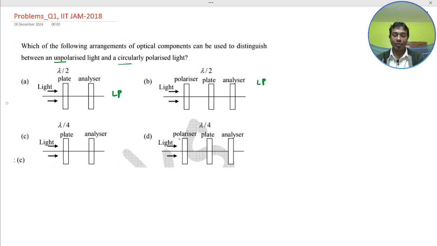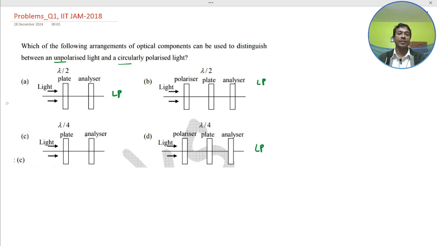So the fourth one is also linear polarized, but the third one says here the path difference is lambda by 4. So the light coming through plate and to analyzer, the output would become linear polarized, and the intensity is linear polarized with intensity varying from 0 to maximum output.